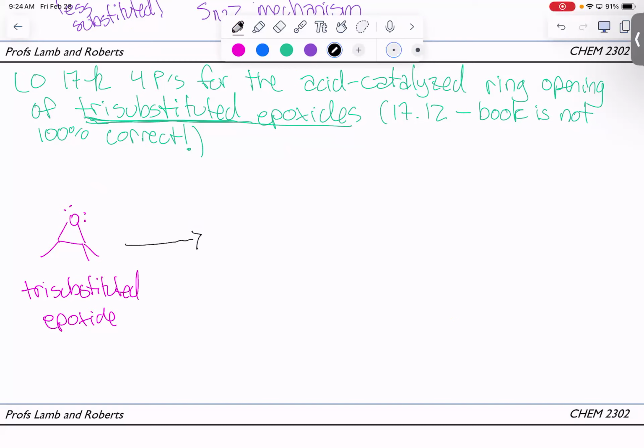So let's add in an acid, for example, H2SO4 is a good strong acid. You can think of other strong acids as well. This is a non-nucleophilic acid, so we don't have a group that's going to attack our epoxide, like if we used HCl, for example. And we are going to get this sort of intermediate situation where we're going to protonate our epoxide.